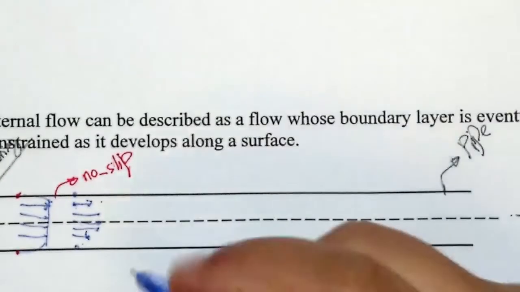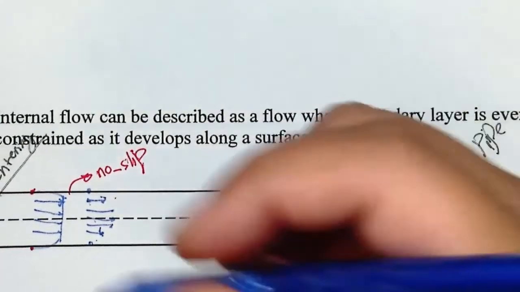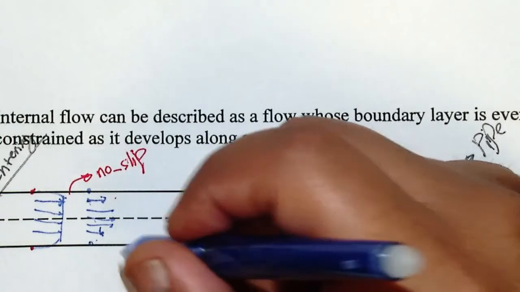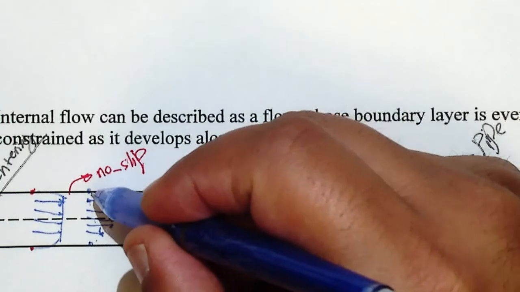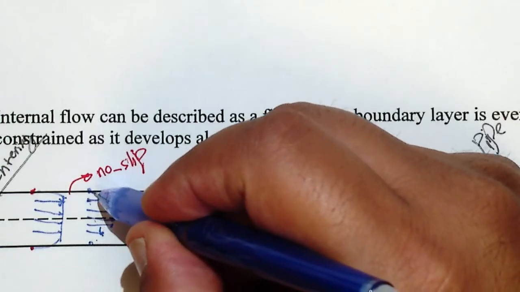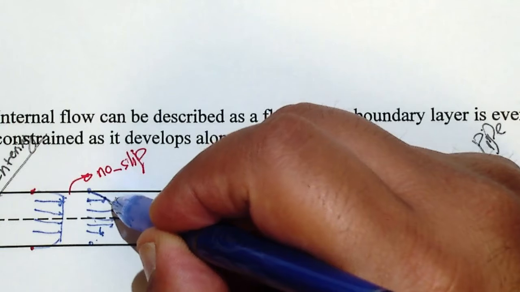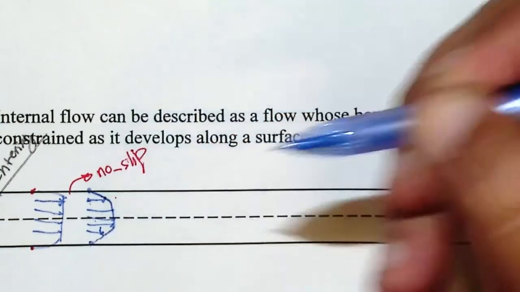If you look in a book, or if you Google that, you will find it shown much better. Here I try to show it in the notes, but you will see that here is 0. You will have a lower velocity in the next layer, but it suddenly changes again to uniform flow.